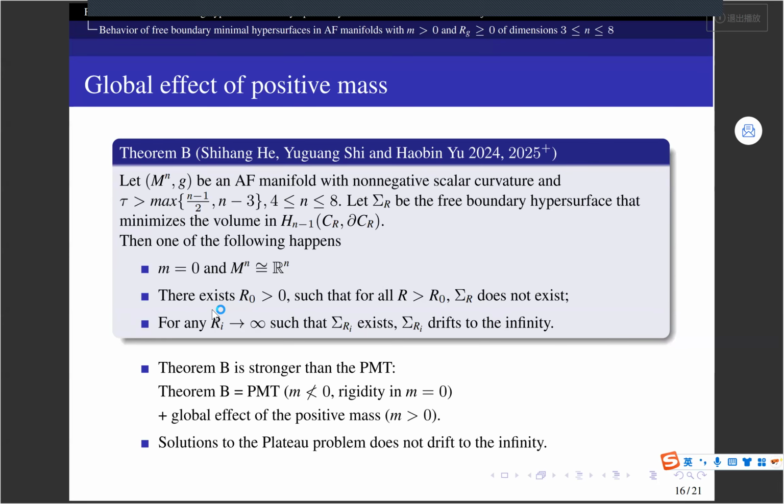The second item says that for sufficiently large R, such a free boundary minimizing hypersurface in the large cylinder does not exist. And the remaining possibility is that for any sequence of R that tends to infinity, the free boundary minimal hypersurface must drift off to infinity.